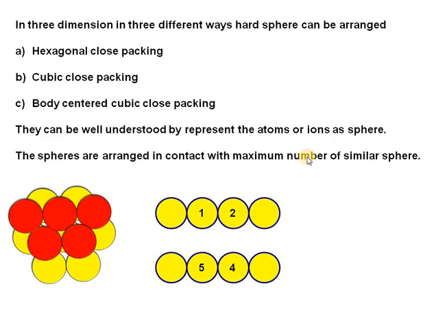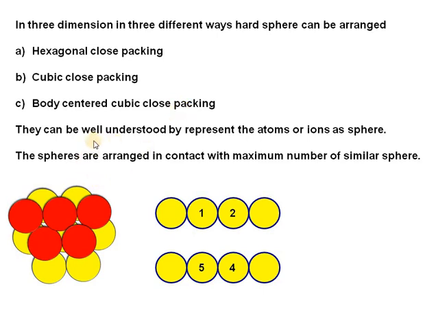Now, in three-dimensional structures, the spheres can be arranged in three different ways: hexagonal close packing, cubic close packing, and third, body-centered cubic packing.